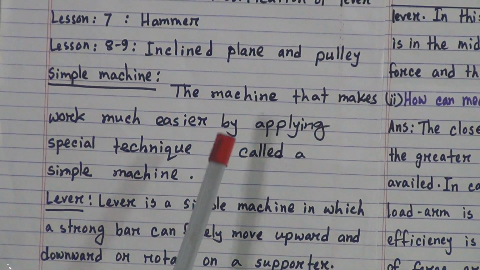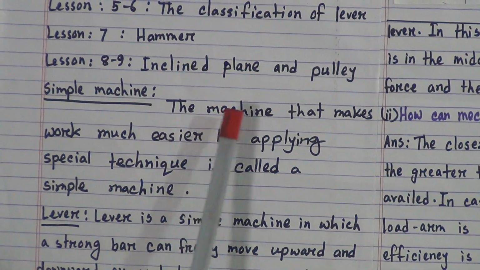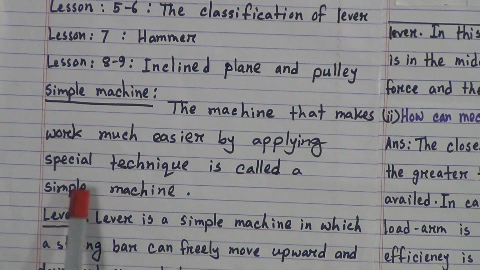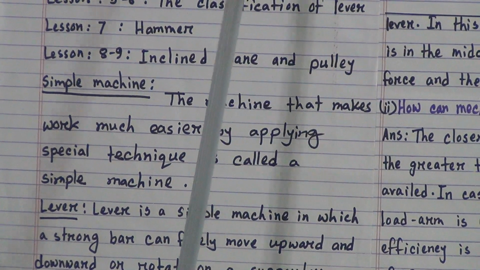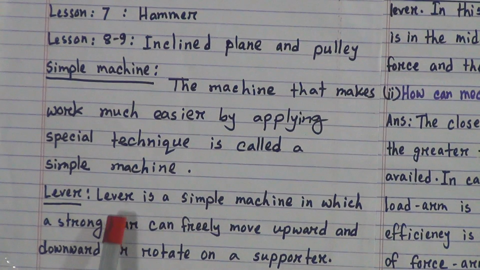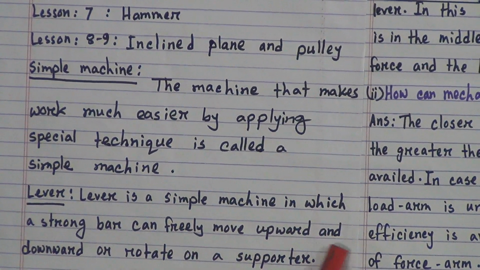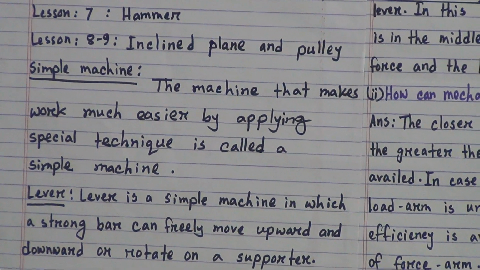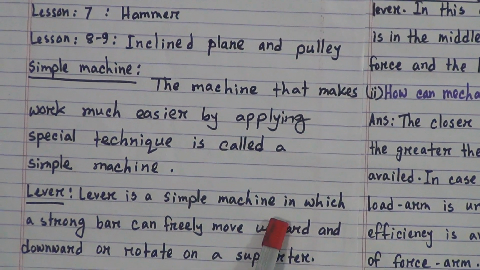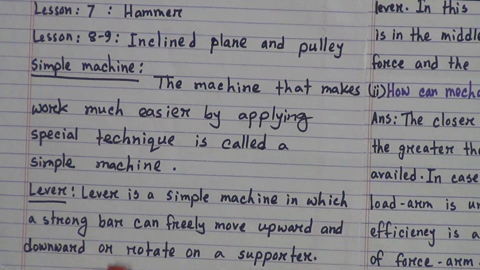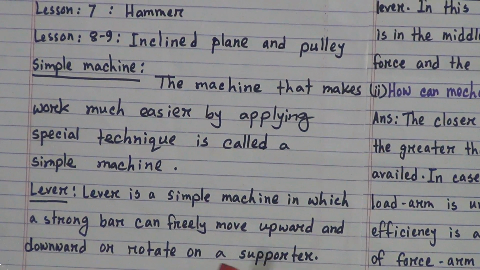And we will know what is a lever. A lever is a simple machine in which a strong bar can freely move upward and downward or rotate on a supporter.